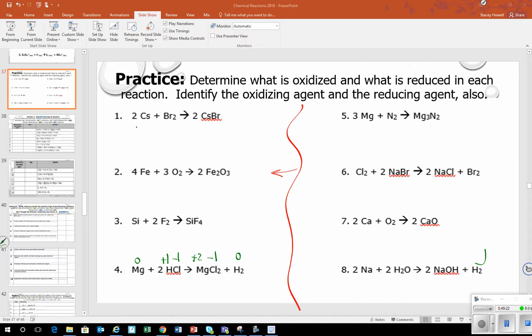And that's oxidizing because it's becoming more positive, right? And it's the RA. So you put OX, and then RA by it. And this one right here, because it's becoming more negative, is reduced, and the OA.